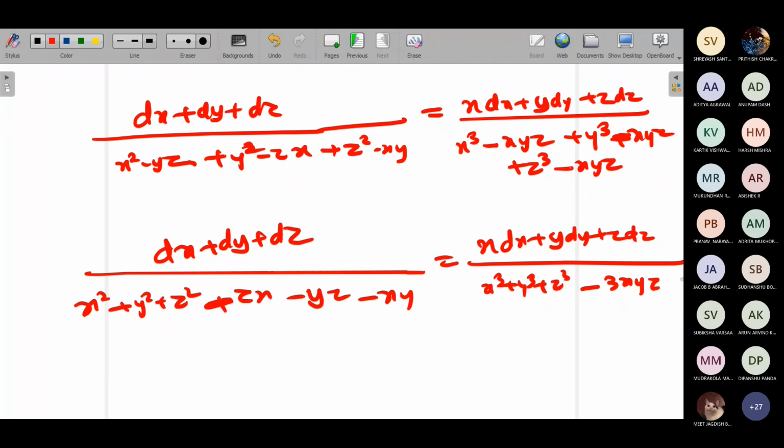Yes. Okay, let me check whether I'm getting the same type of term this side. So I have x dx plus y dy plus z dz. So this is of the form a cube plus b cube plus c cube minus 3abc, if I write it in terms of x plus y plus z.